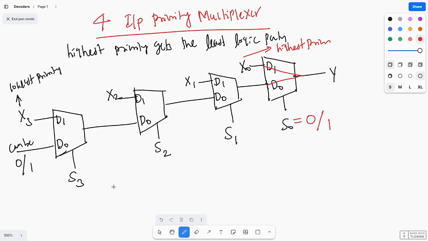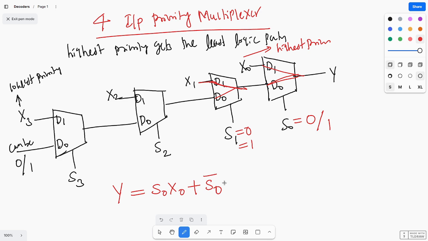Y equals s0 x0 plus, when s1 equals 0 this is connected, and when s1 equals 1, x1 is connected. For this priority, s0 should be 0, because then only this x1 is connected through this path.